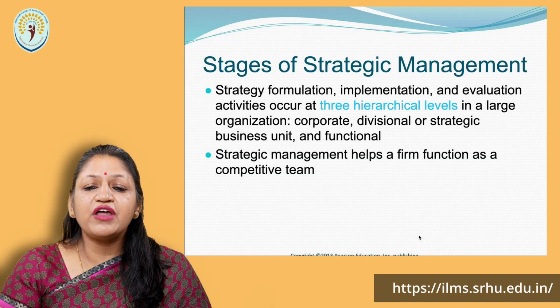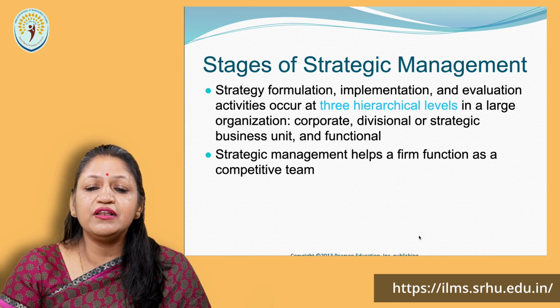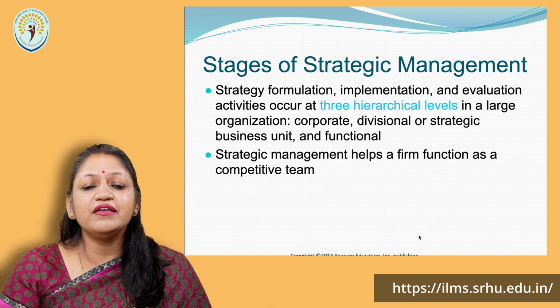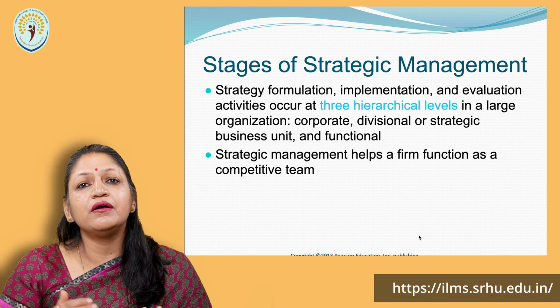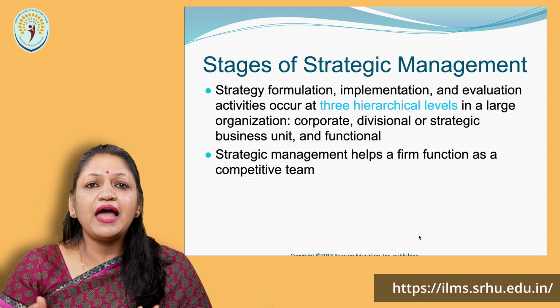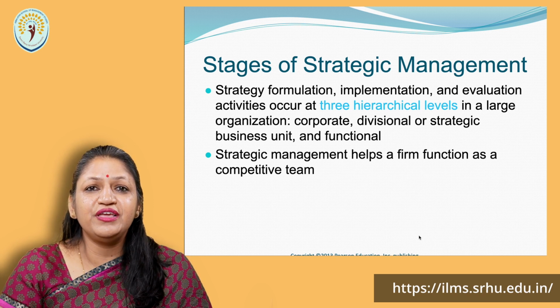Now, when we talk about strategic management, it exists at 3 levels: the corporate level, divisional level, and the strategic business unit level, and the functional level. Now, these divisions we will be taking up in the later lectures. At present, you need to know that it exists at these different levels. And strategic management helps a firm function as a competitive team.